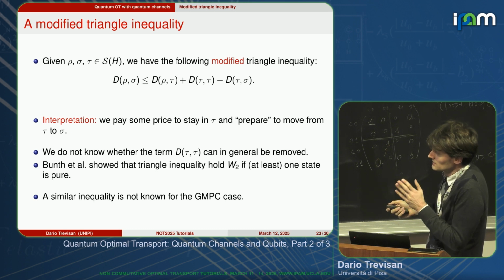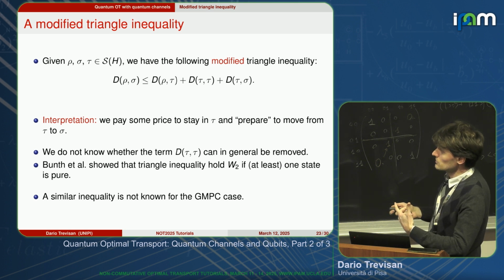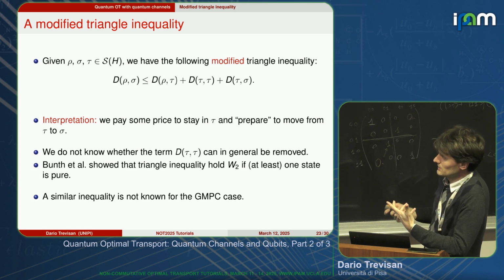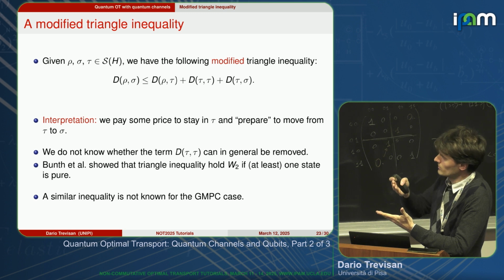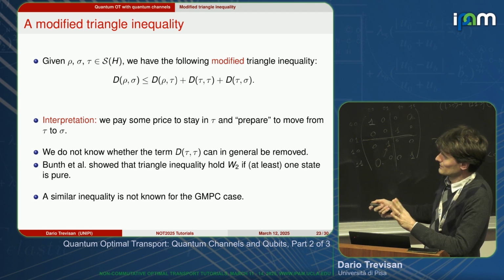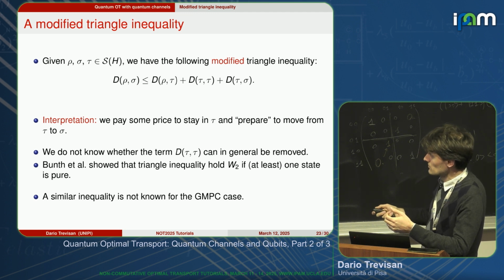Now the next point is the triangle inequality. Can we say that we have a triangle inequality? It turns out that we have a sort of modified triangle inequality. You take the square root of this d squared, which you expect to be a distance, except that the distance from rho to rho is non-zero. So the distance from rho to sigma can always be bounded from above by the distance from rho to tau, a different state, then the cost from tau to tau, which is the square root of the cost and maybe positive, and then the distance from tau to sigma.